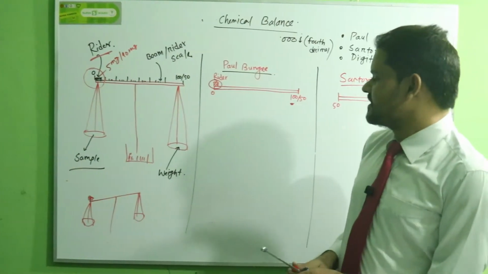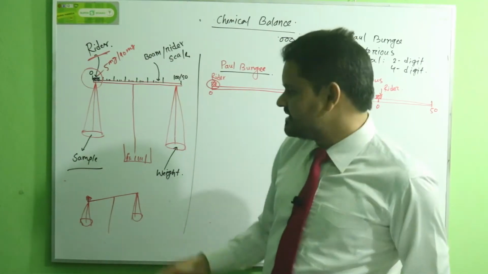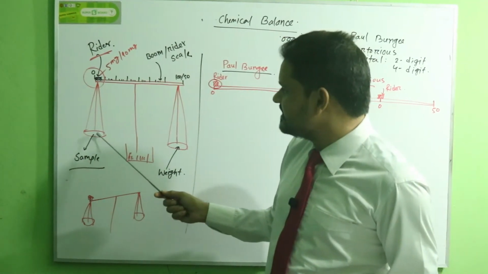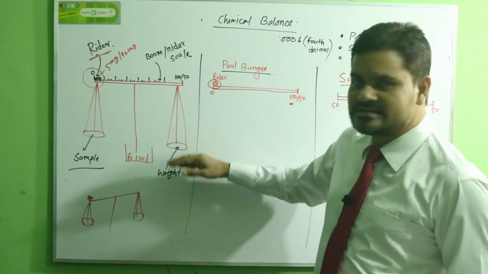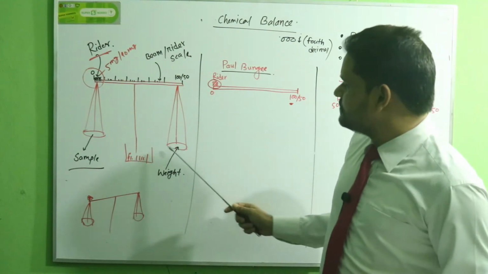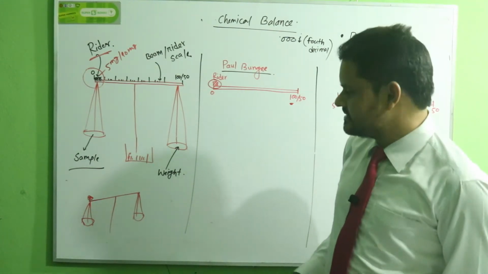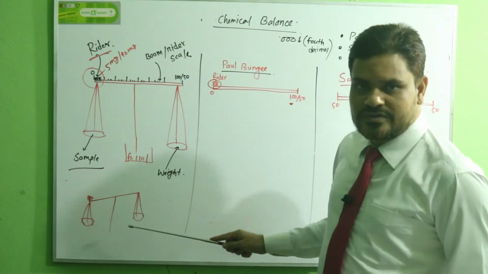Dear learners, if we want to measure some amount of substance, we keep it in the left pan, and in the right pan we place different weights. But sometimes we get this type of figure.